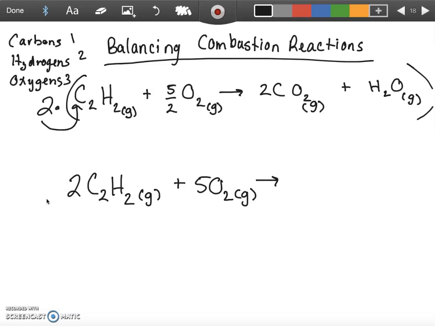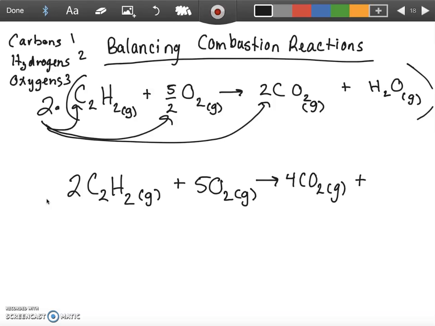If I do this 2 times this 2CO2, I will get 4CO2 gas. And then if I do this 2 times this 1 in front of H2O, I'll get 2H2O gas. And then we have a fully balanced equation that is already simplified.